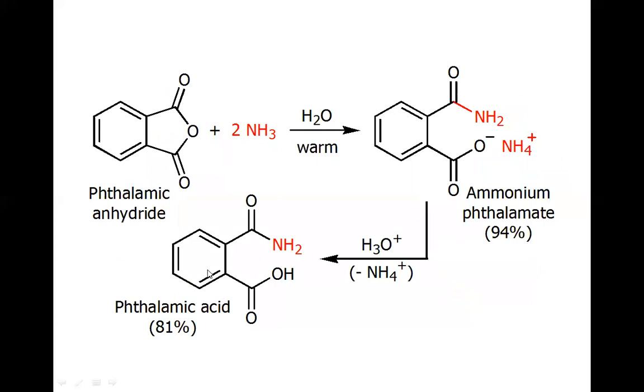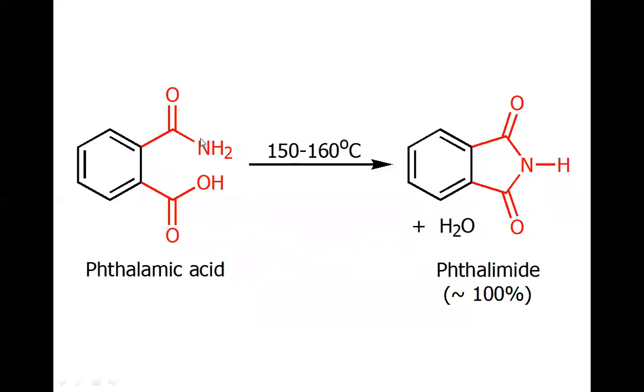Well, when phthalamic acid has formed at high temperature, again this nitrogen of this amide may attack here, and overall we have this cyclic amide formed from this species and water as a byproduct. So this is called the imide.